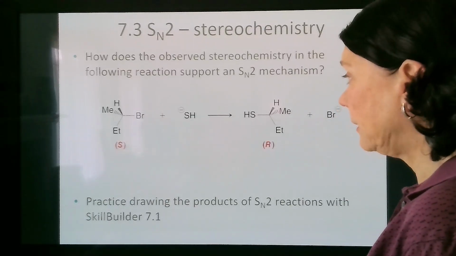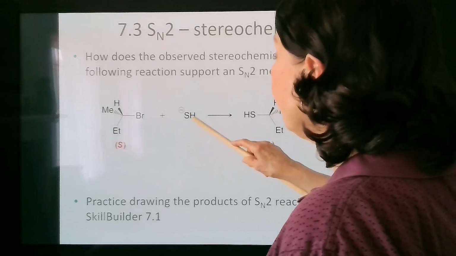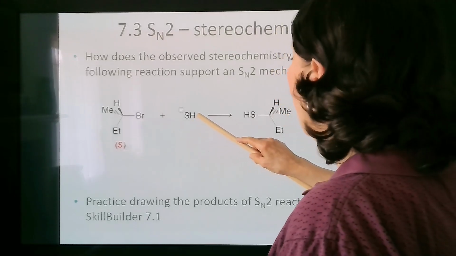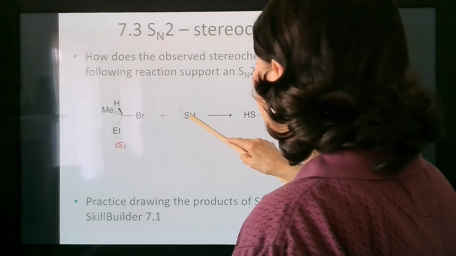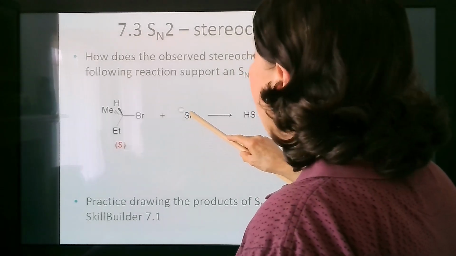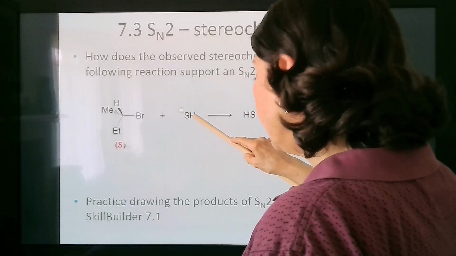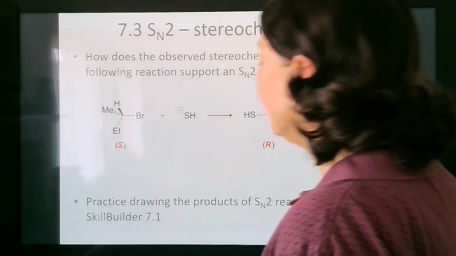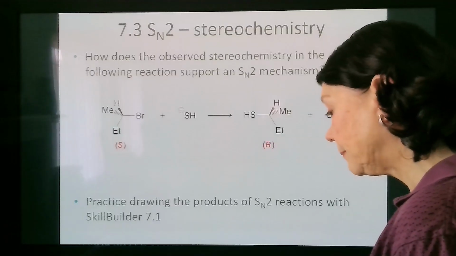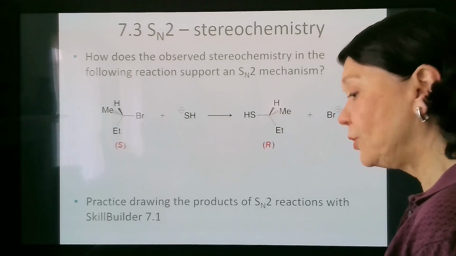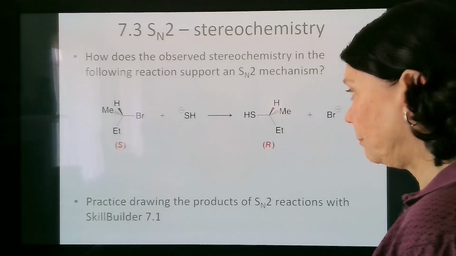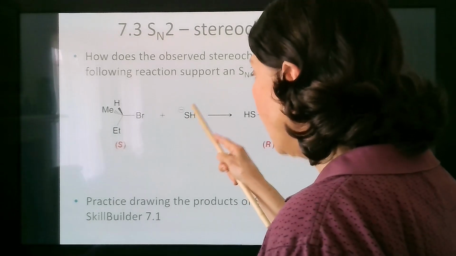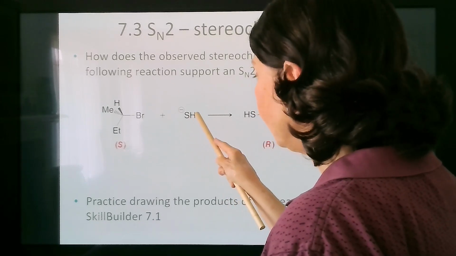So, the stereochemistry. Here you've got the thiolate, and the thiolate is going to come in from backside attack. The drawing misrepresents the reaction, putting it on this side. It is not on this side as it reacts.